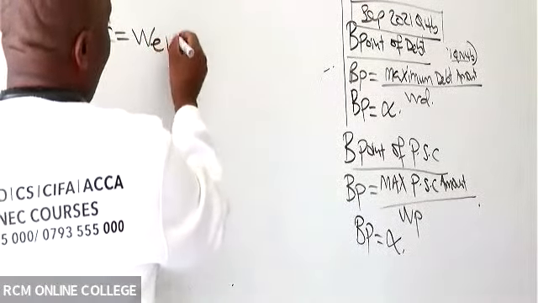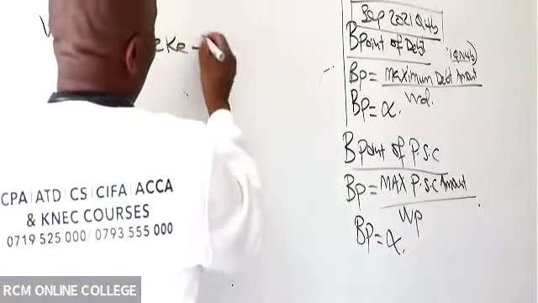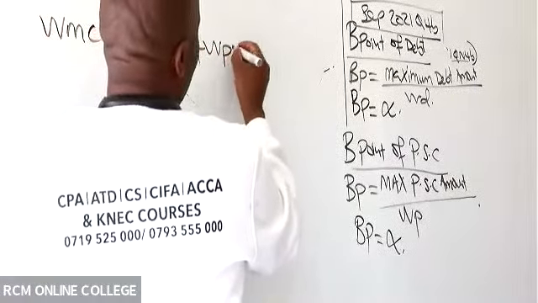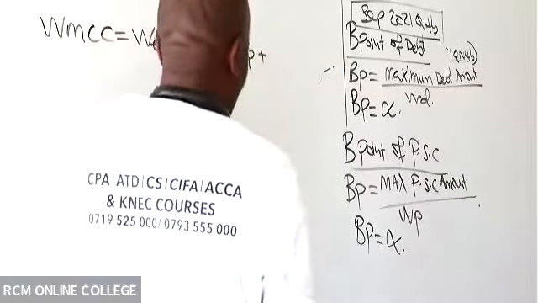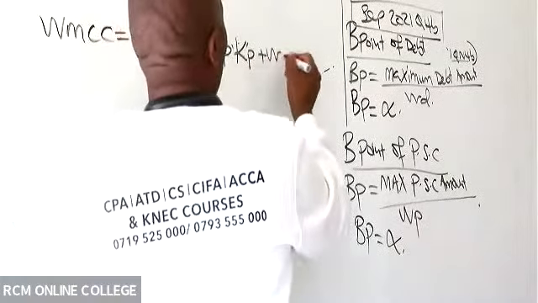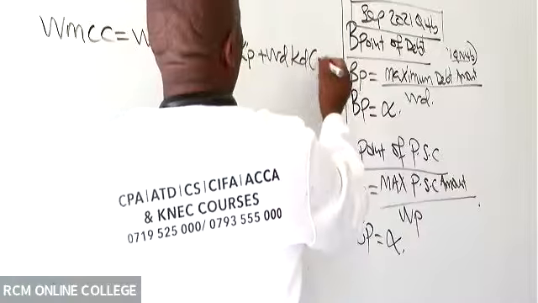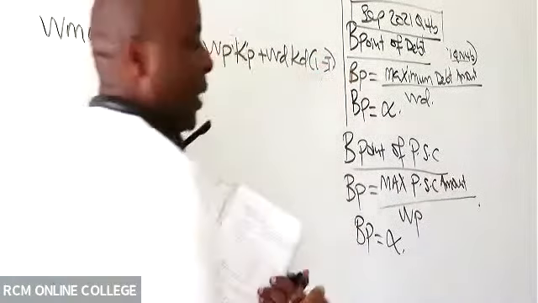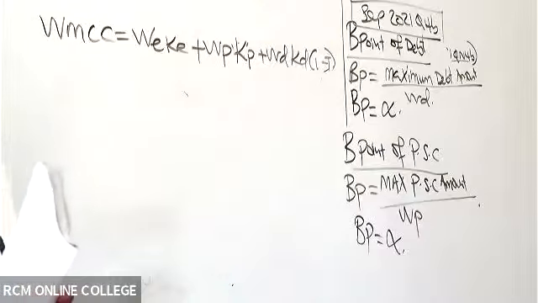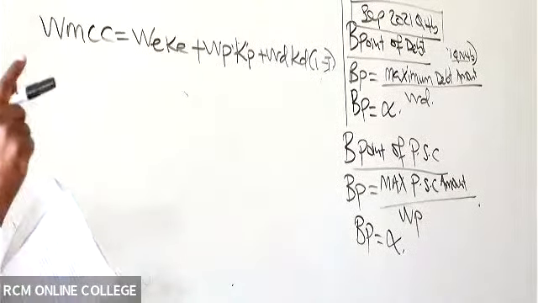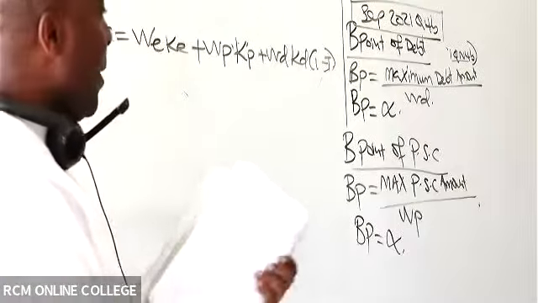Weight of equity times cost of equity, plus weight of preference times cost of preference, plus weight of debt times cost of debt, and this cost of debt must always be after tax.